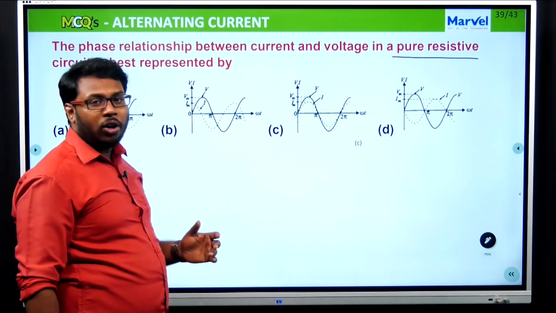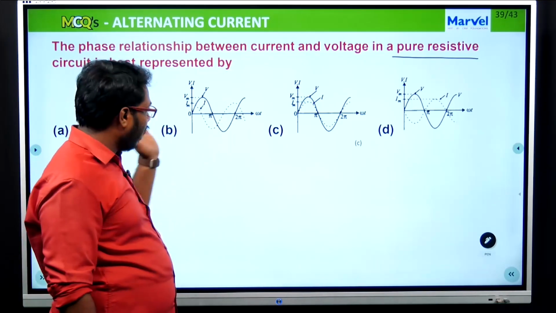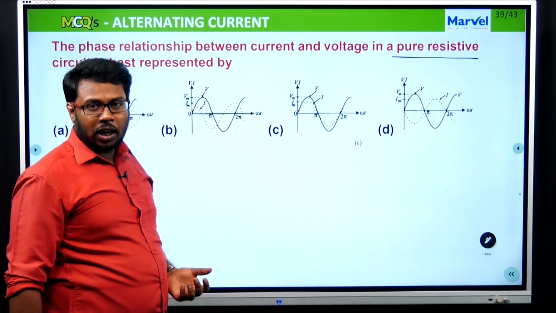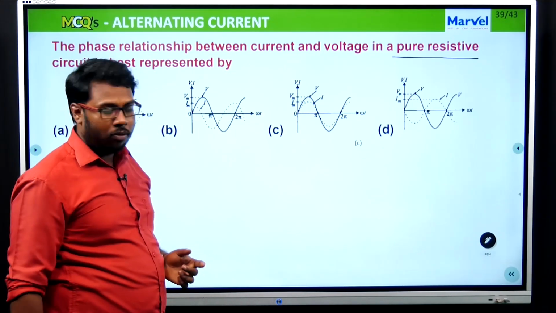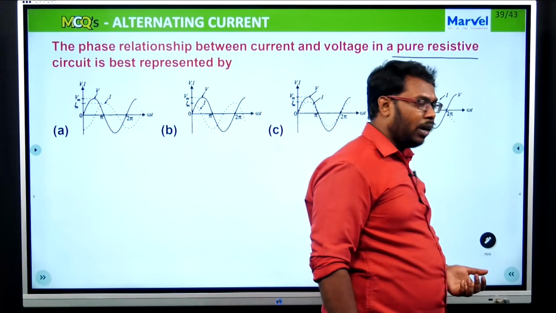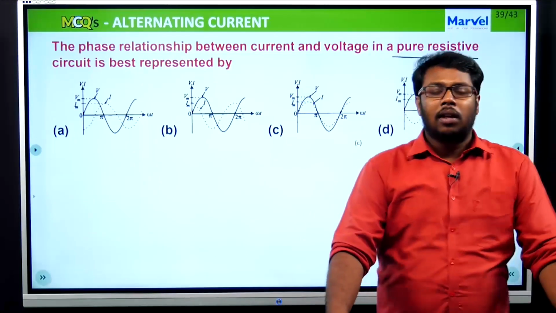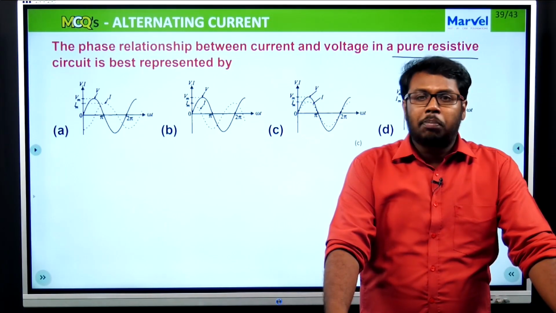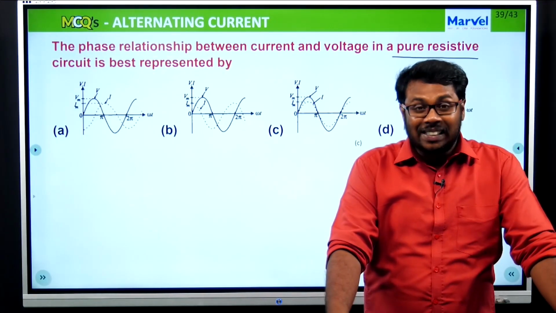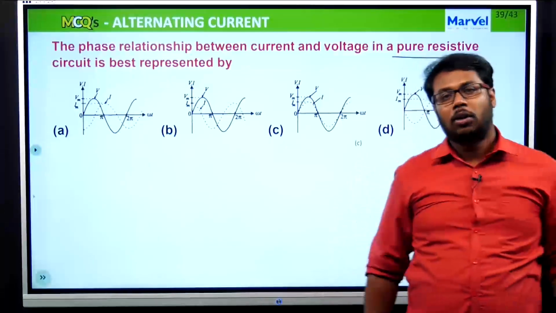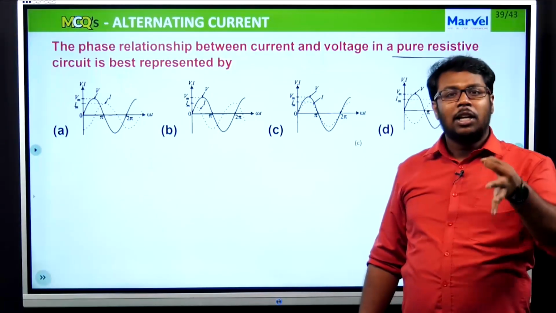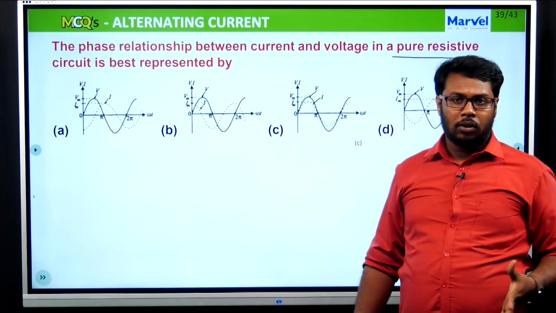And we already know from the theory classes that the alternating current that is passed over the resistance will produce a current which is in phase with the voltage, which means both the voltage and the current in the resistance are going to be in phase.